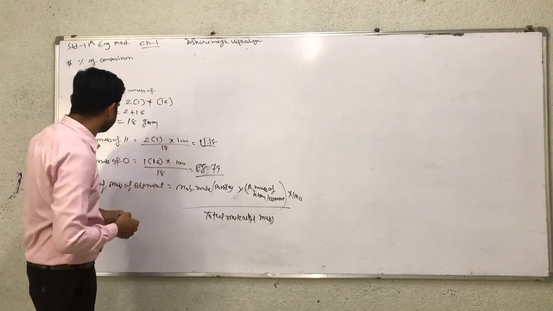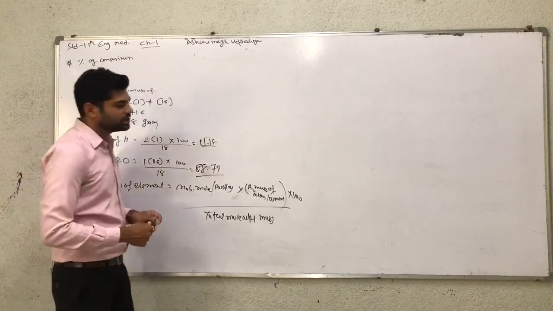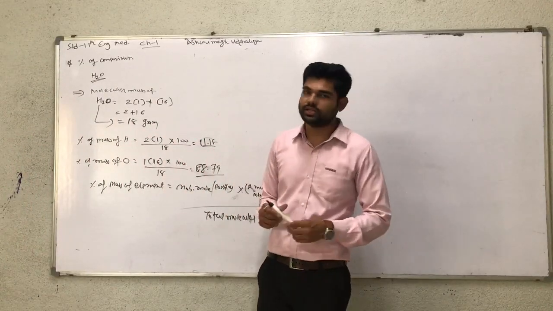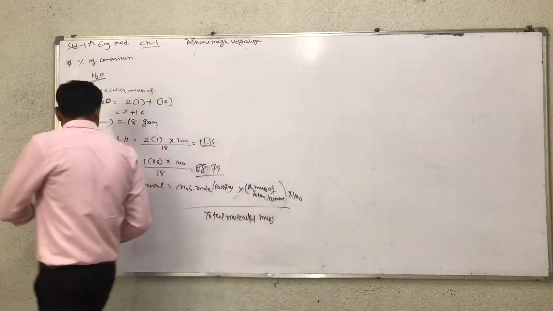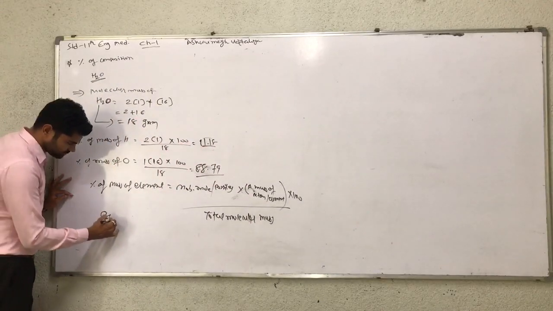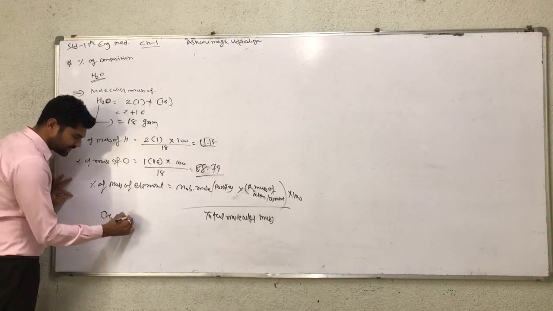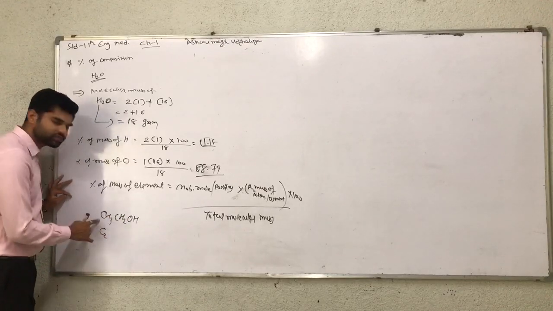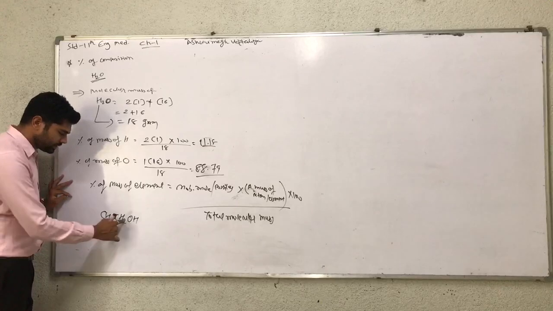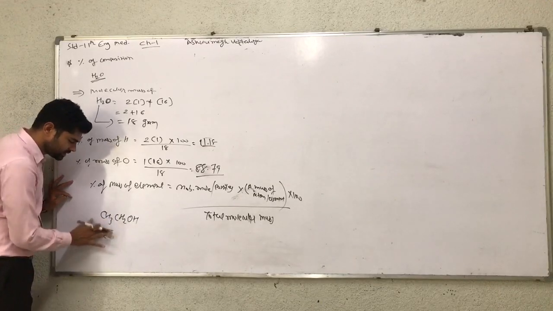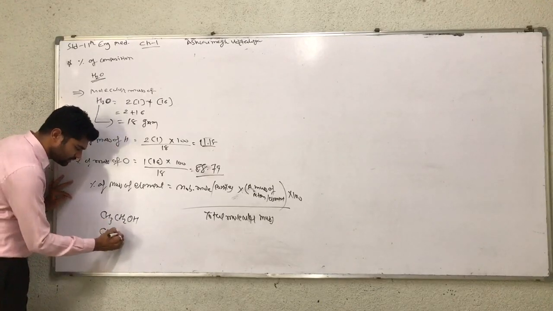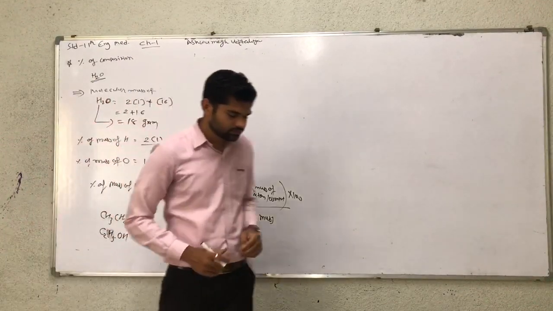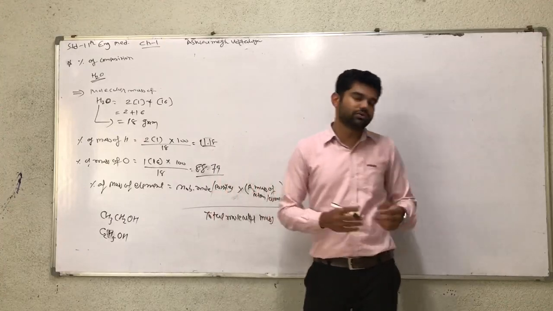In a similar way, you can also solve with the example of ethanol. Ethanol means CH3CH2OH. The number of carbon is 2 moles, the number of hydrogen is 6 moles, and one O. So how to solve?